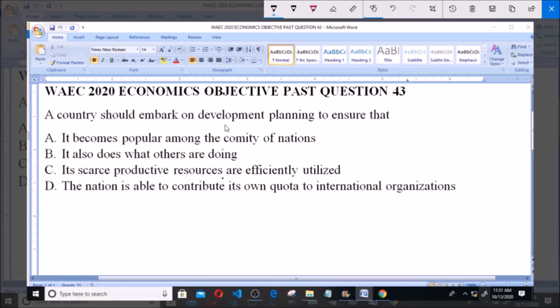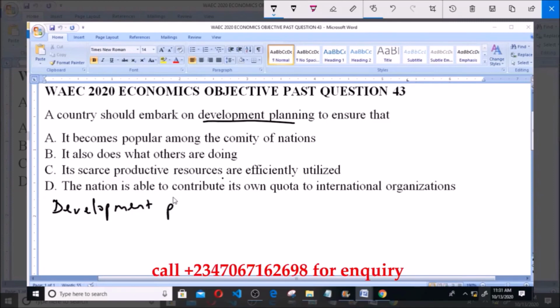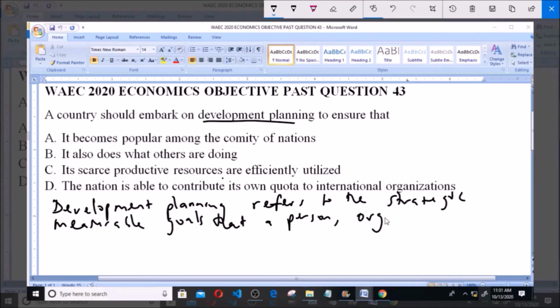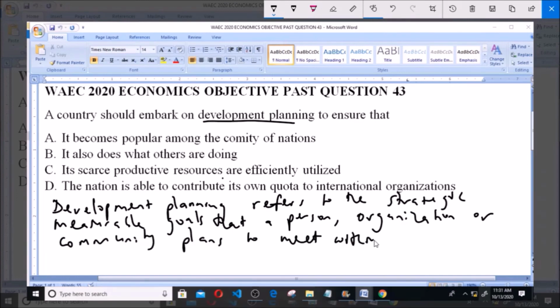Now, the concept we are looking at here is development planning, and development planning refers to the strategic, measurable goals that a person, organization, or community plans to meet within a certain amount of time.